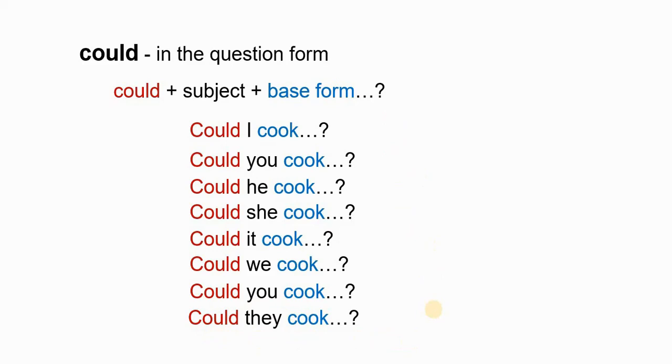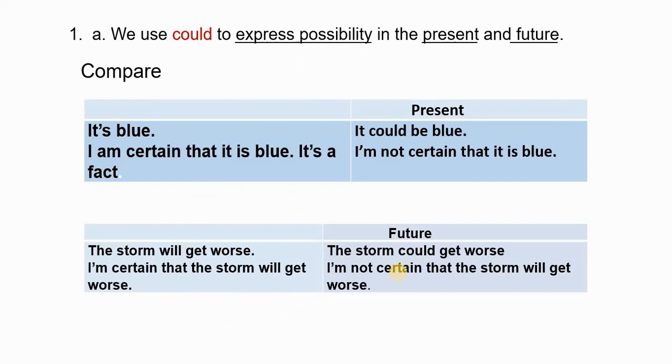And now let's look at the use and meanings. First of all, to express possibility. So we use could to express possibility in the present and future.